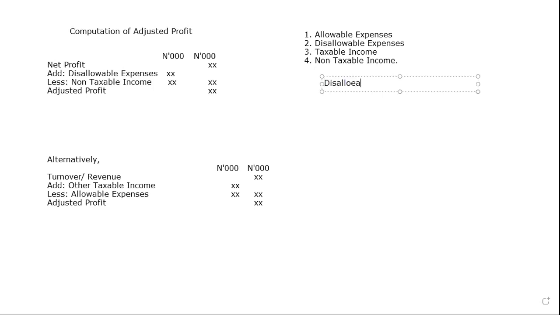Sir, you said donations of capital projects to approved educational institutions must not exceed 15% of what? Of the assessable profit. Then the last one you said? It's interest on loan. I thought you said 10%, are you changing it to 15% now?